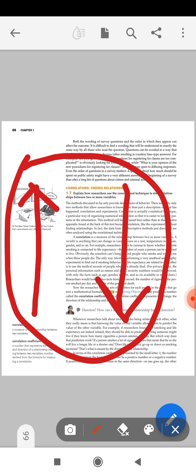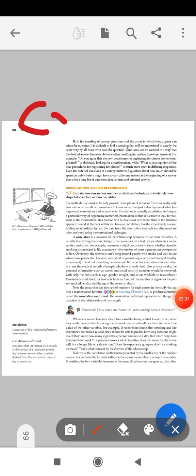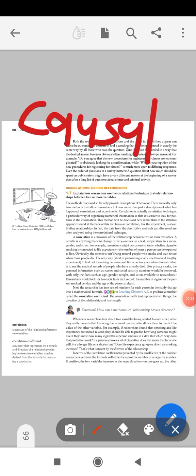So this is what correlation is. What is correlation not? What is the problem with correlation? It cannot say a causal relationship, or in other words, it cannot say causation.